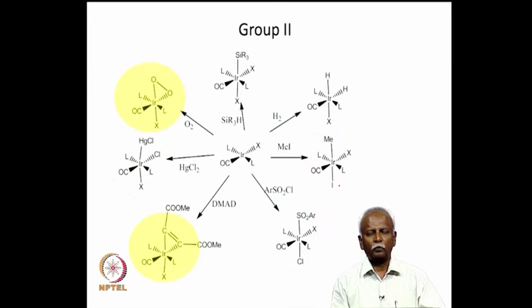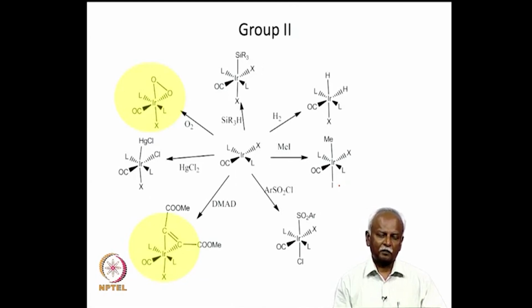Then we talked about a second group of molecules where multiple bonds are present in the part that adds on to the metal being oxidized. One example is oxygen. During the oxidation, O2, which has a double bond between the 2 oxygens, adds on to Vaska's complex and forms 2 new bonds to iridium, while the bond between the 2 oxygen atoms changes from a double bond to a single bond.